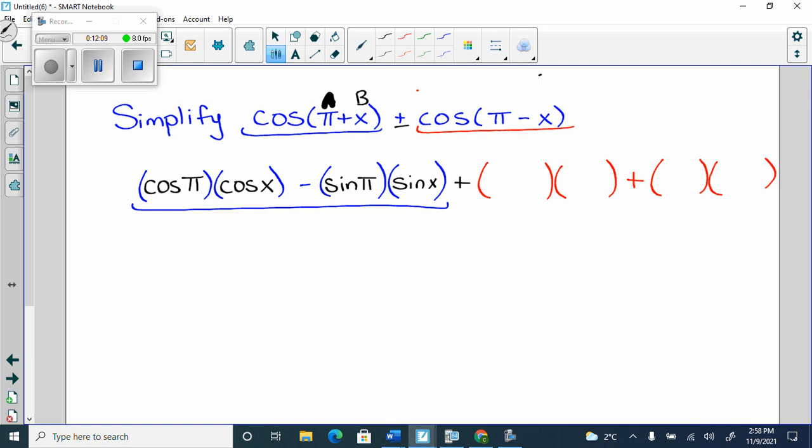Moving on. This is A, and this is B. So this is going to be cos A, which is pi, cos B, which is x, plus sine A, which is pi, sine B, which is x.